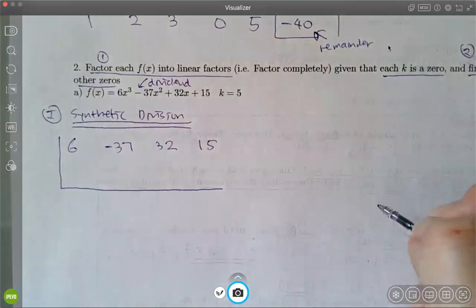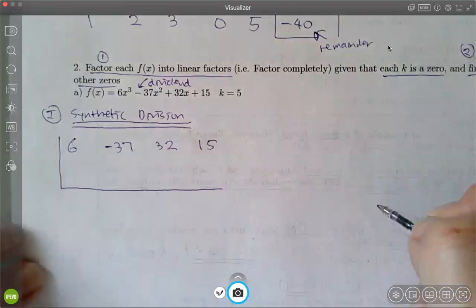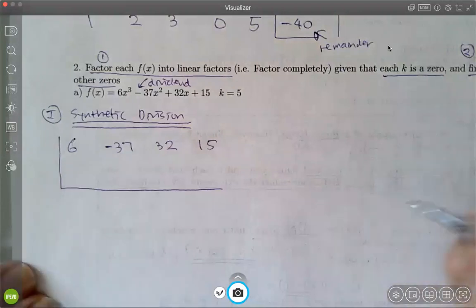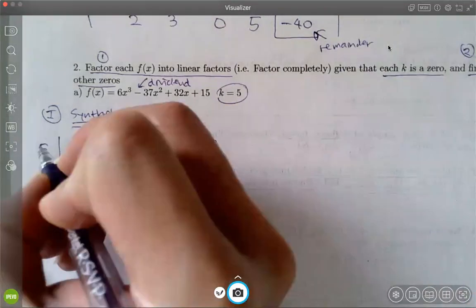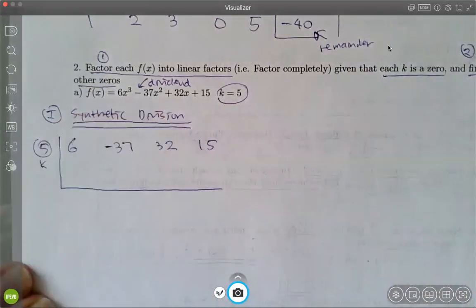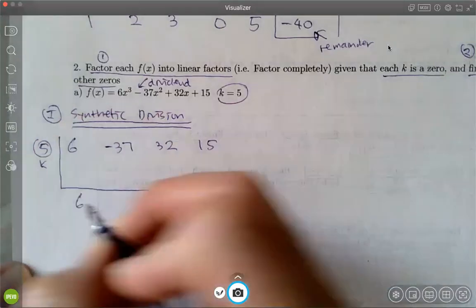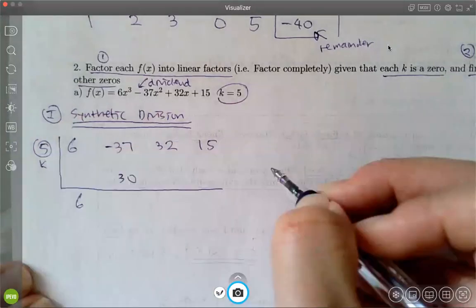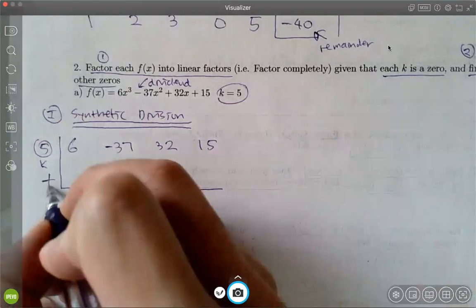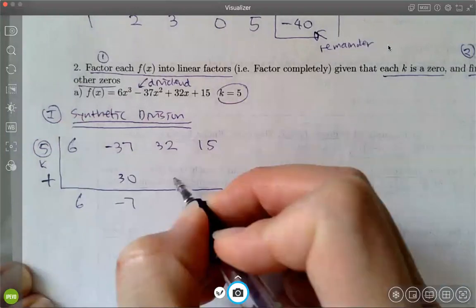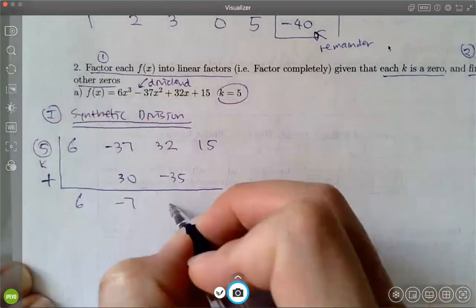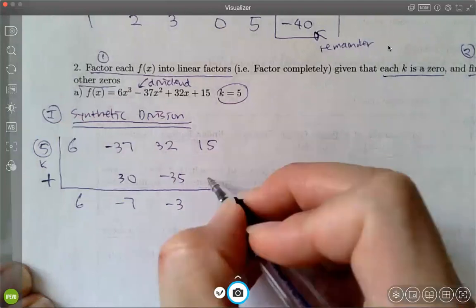Because even though we don't know the divisor, we know the k value, right? So we write 5 outside. Okay, so do the division. Bring down the 6, and then positive 30, and once we add, we get negative 7, negative 35, and then negative 3, and then negative 15, and then we get a 0.